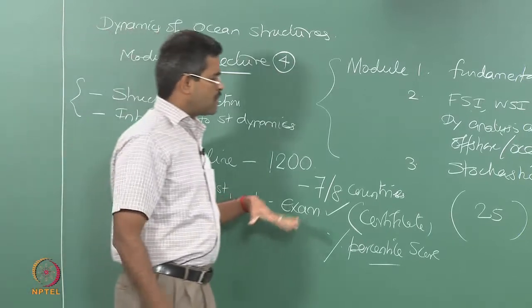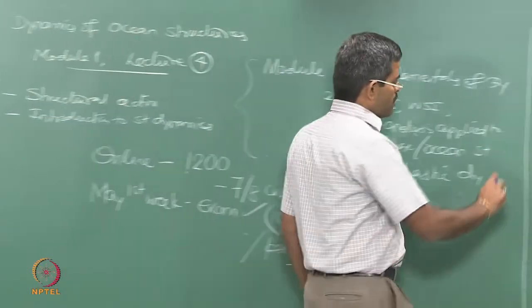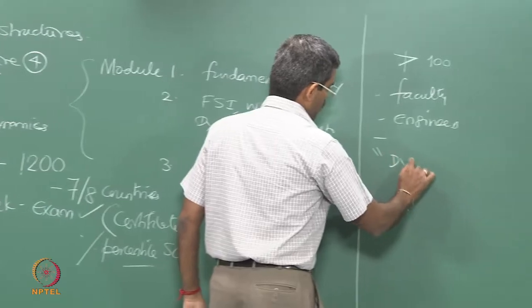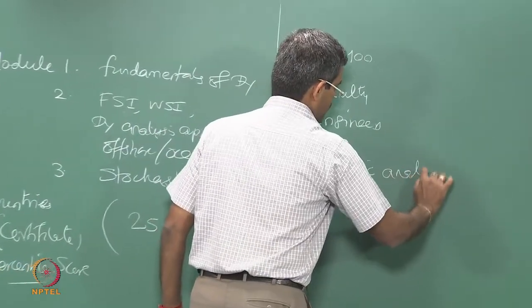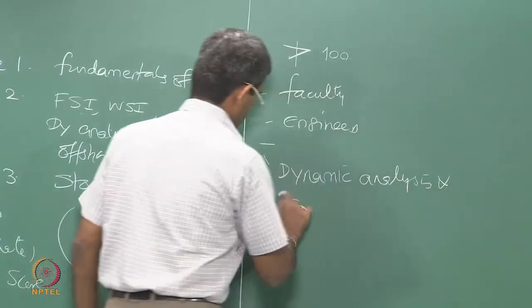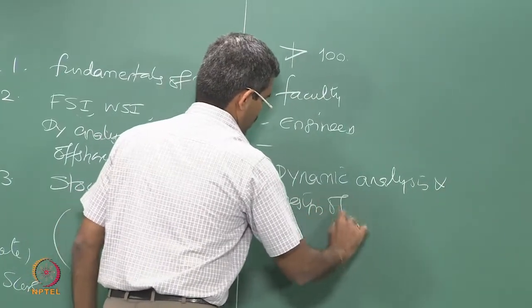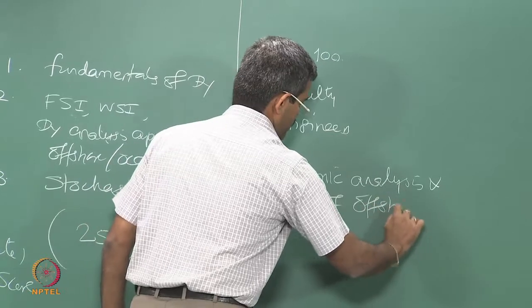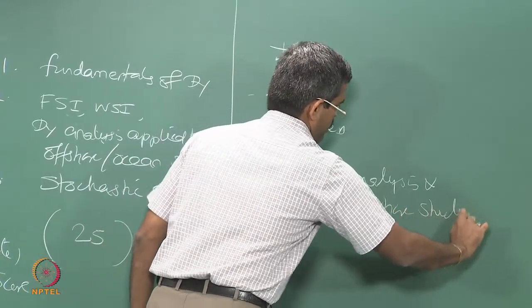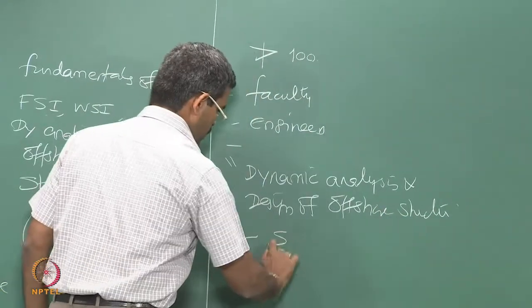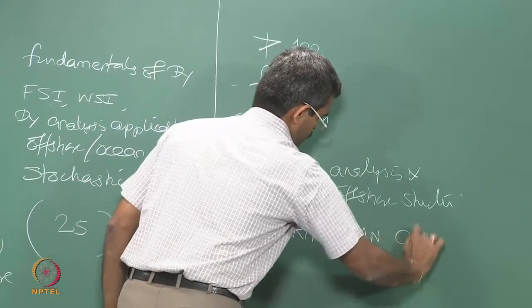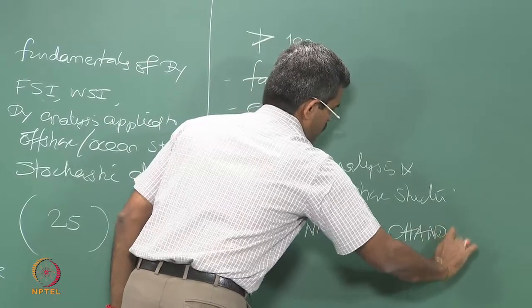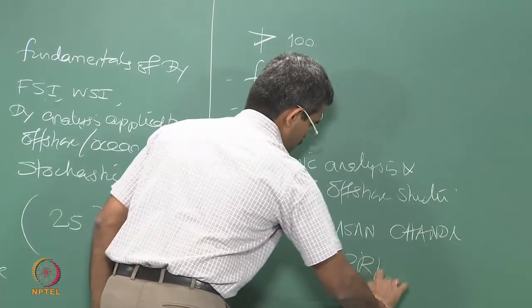This time, fortunately, with God's grace we have got a very interesting book on dynamic analysis and design of offshore structures, which is authored by me. This is a Springer release.